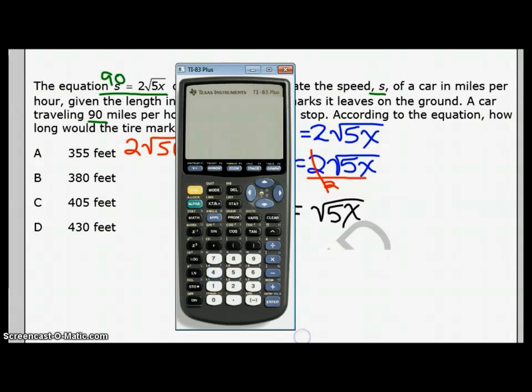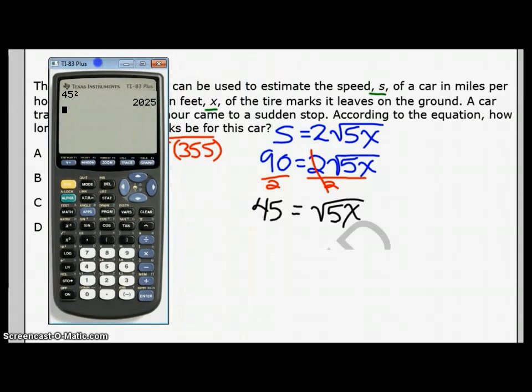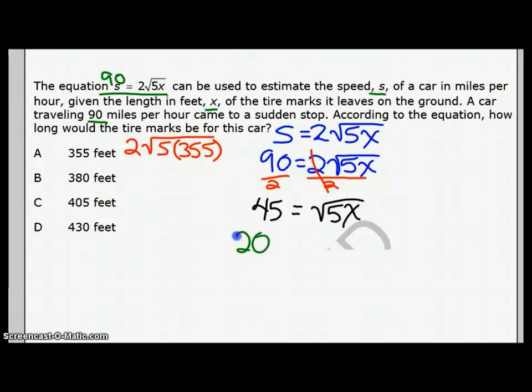So 45 squared equals 2025. Now what we're going to do, of course, is divide both sides by 5.